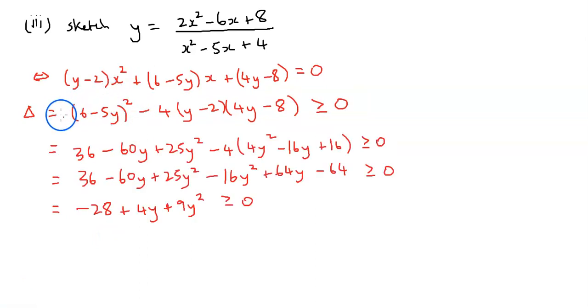And just to save a bit of time, I did all the expansion without making you watch. And then we get to 9y squared plus 4y minus 28 needs to be greater than or equal to 0. And 9y squared plus 4y minus 28 equals 0 if and only if we have y equals negative 2 or y equals 14 over 9.